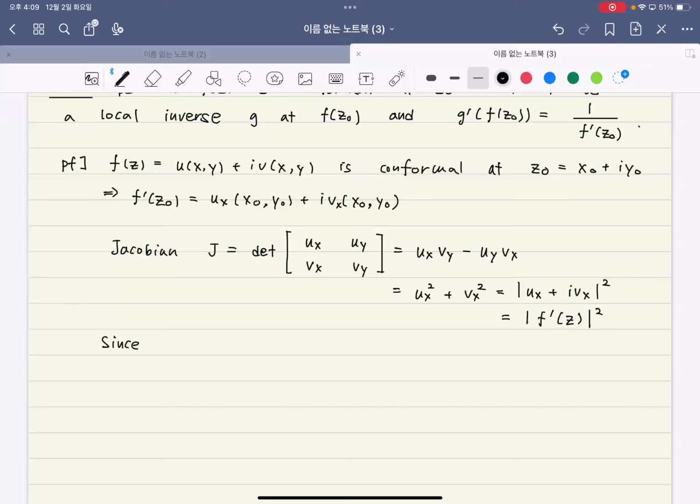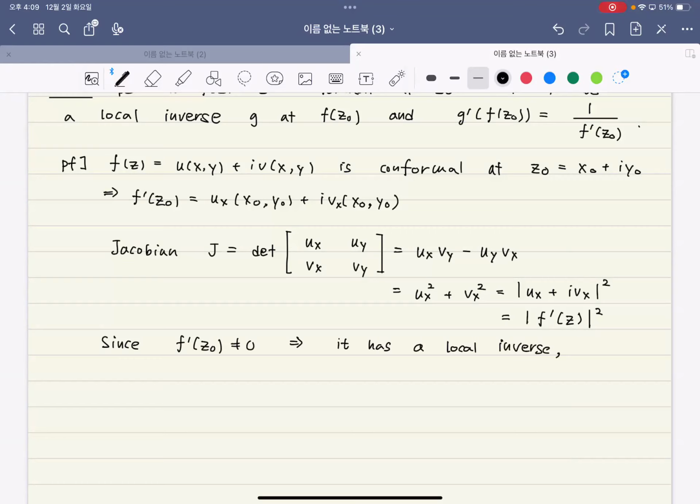Since f prime of z0 is not 0, it has a local inverse.